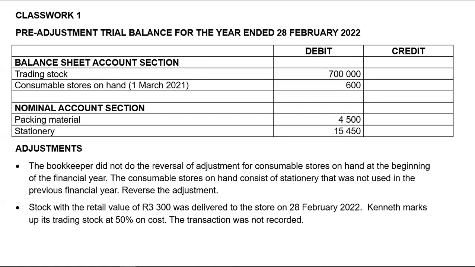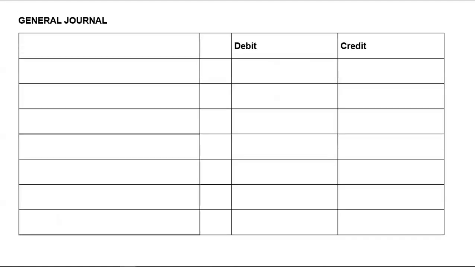Normally, we will debit what was not used last year, which is stationery, because it will be an expense in the current financial year. And then we have to get rid of that current asset we had from the previous financial year. That will be consumable stores on hand, and the value for that will be 600. So we credit that because our asset is decreasing and it is a current asset.